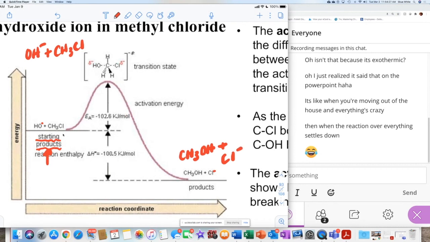So somewhere somebody got replaced. And this reaction in organic chemistry is called the substitution reaction. So you can see where the substitution took place, right? Pretty logical. Somehow the OH replaced the Cl.